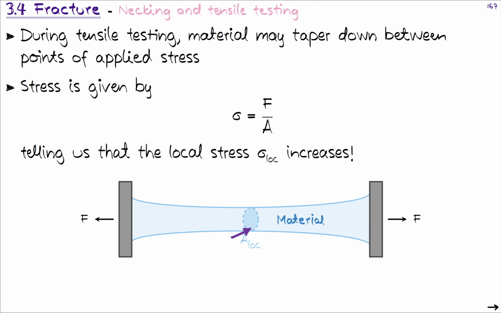And because now this is tapered down here, this cross-sectional area is smaller here in the middle than nearby. So it just implies to us that the local stress, sigma local, is actually larger in the middle part of the material than in the nearby regions. And this is actually important.